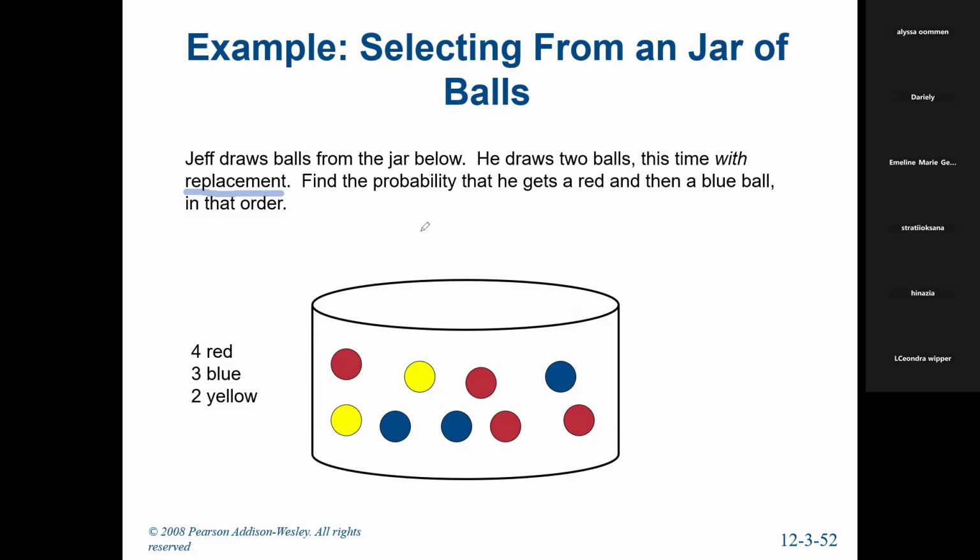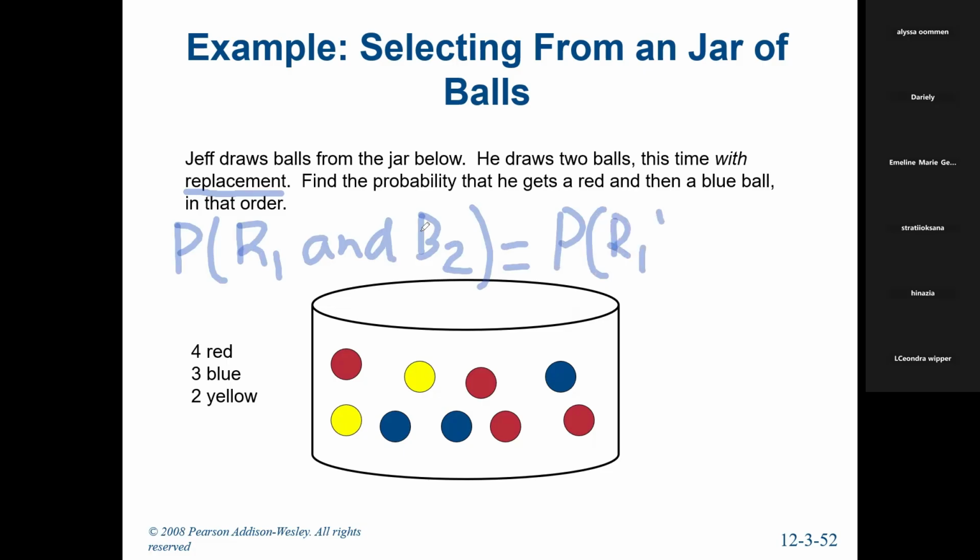So that will give you P of red, the first ball, and P of blue, which would be P of R1 times P of B2 because the 2 events are independent.